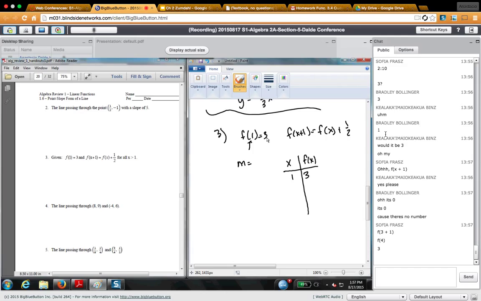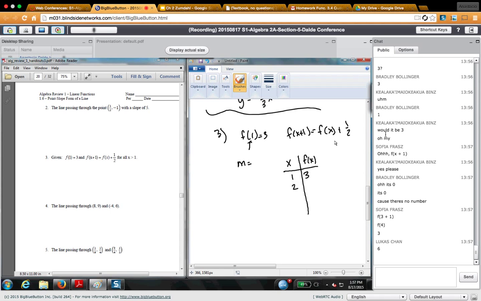All right. What if I put in 2 for x? What is going to output? Well, for that, I'm going to refer back to this equation. If I put in a 1 over here, then I'll have 3. Let's say I let x equal 1 in this above equation, f of 1 plus 1 equals f of 1 plus 1/2.